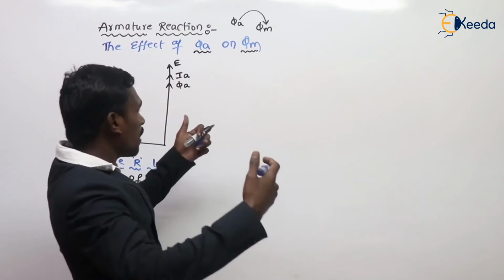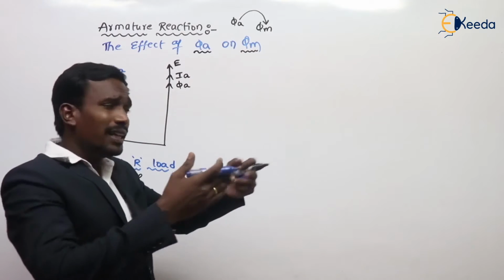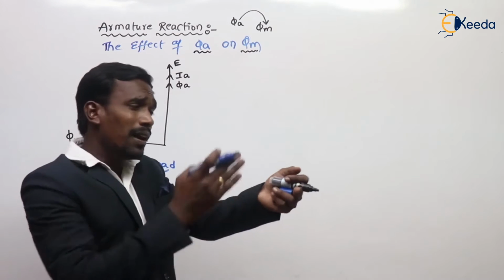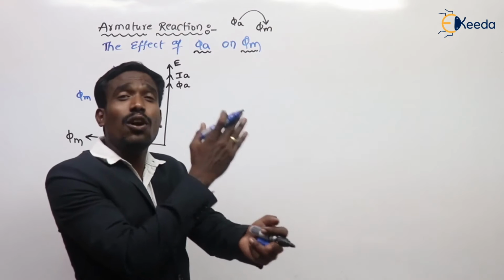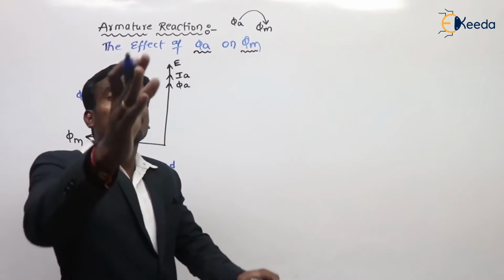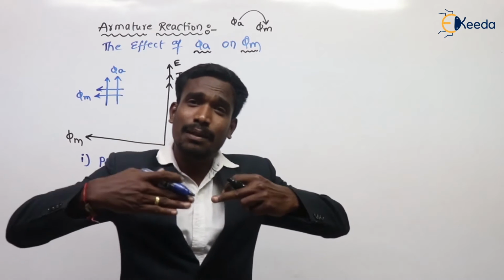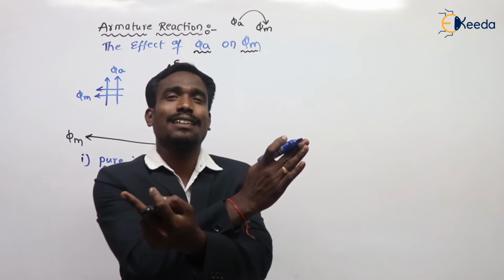But is it in the opposite direction? No. Is it in the same direction? No. But it is crossing the main field flux. Then tell me, what is the type of armature reaction? Is it demagnetizing, magnetizing or cross magnetizing?